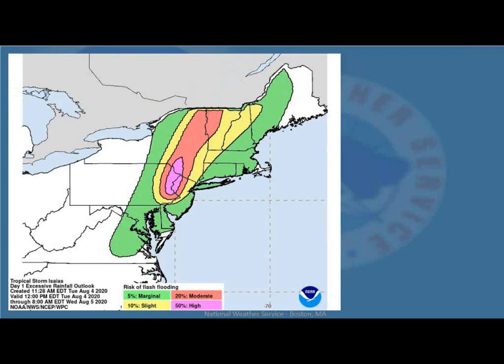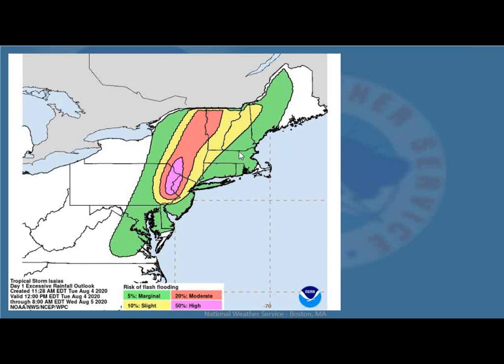What this is trying to say is that the biggest flood threat is really towards the west of our area, more towards where the center of the storm is. Earlier we showed you that the track of Isaias is pretty much inland, up the Hudson Valley. So most of us were in a marginal threat for flash flooding.